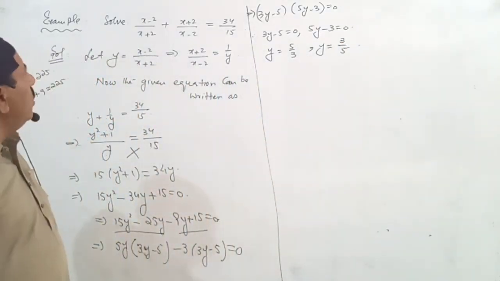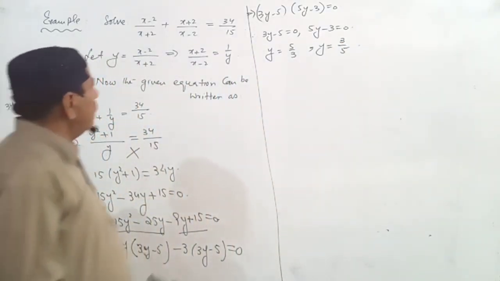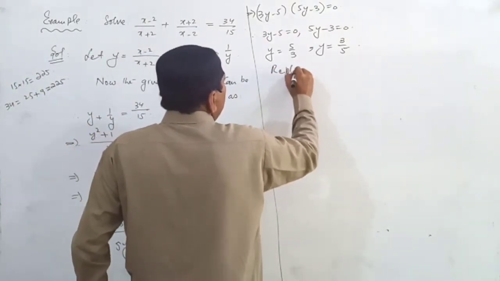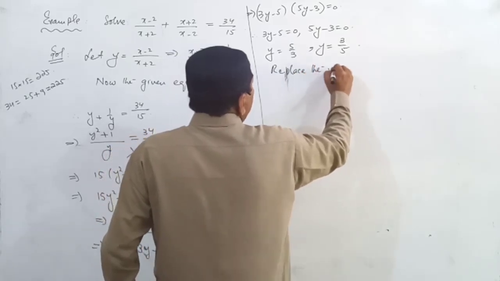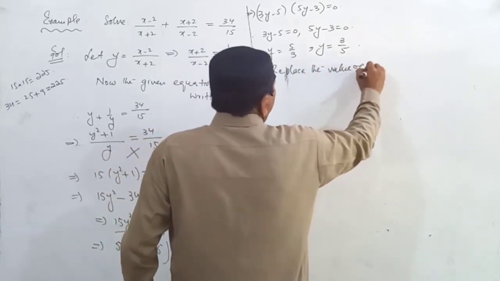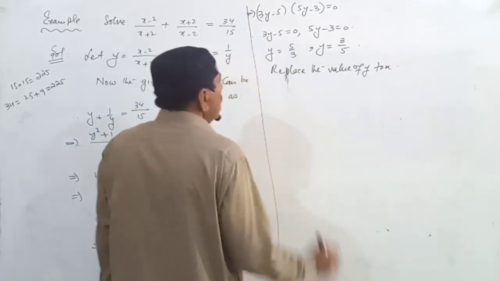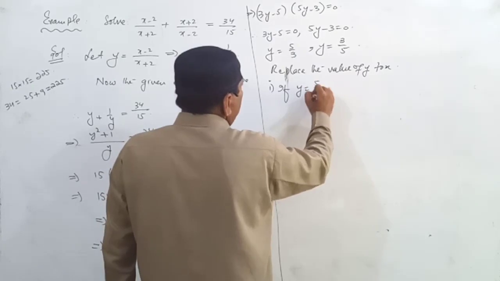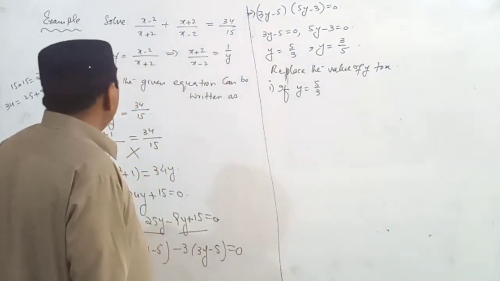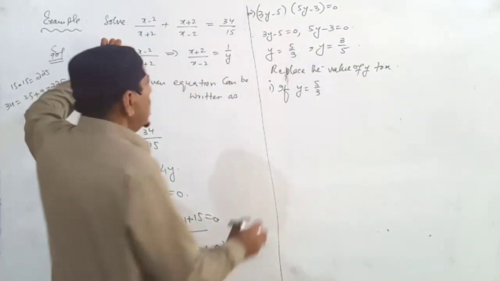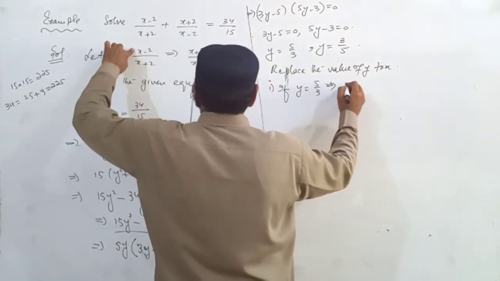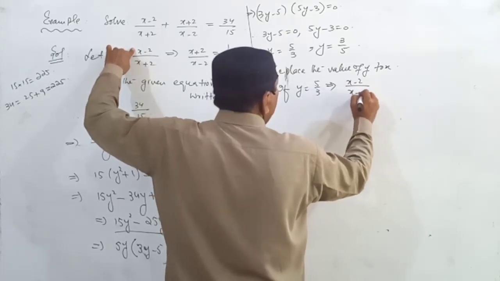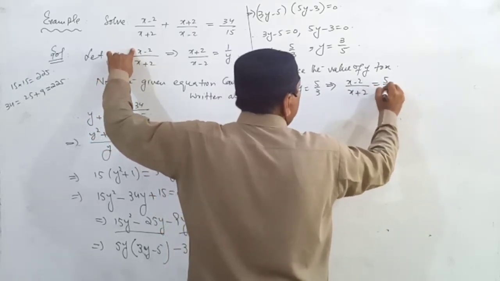So replace the value of y to x. Number 1, if y is equal to 5 upon 3, it implies that (x minus 2) upon (x plus 2) is equal to 5 upon 3.